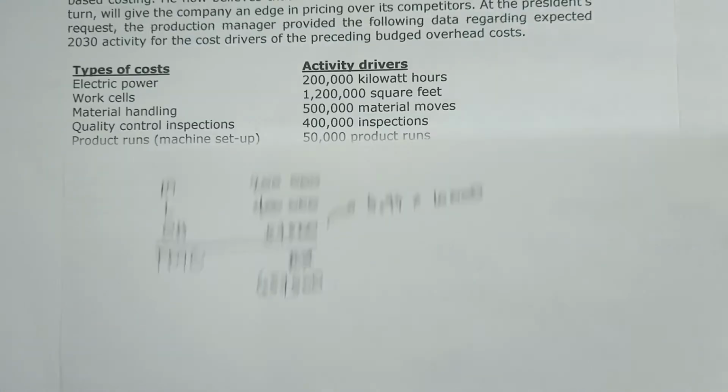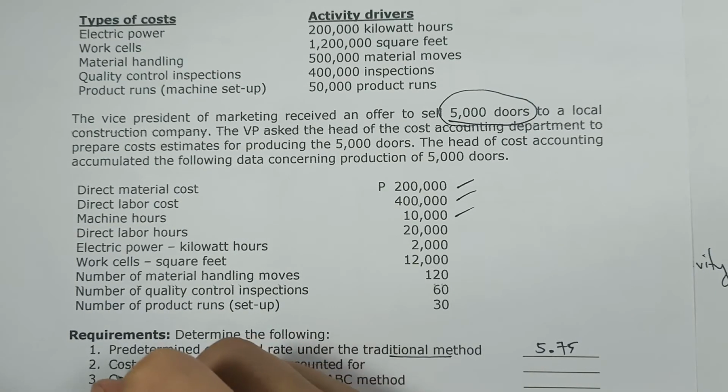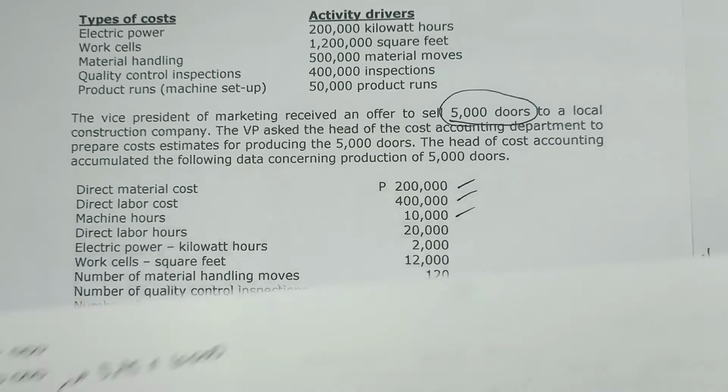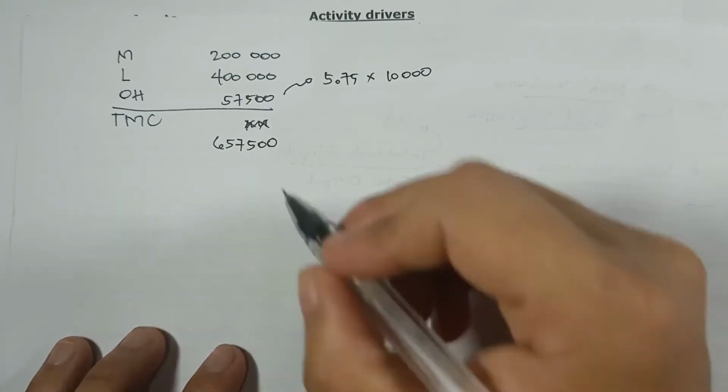Kaso anong tinatanong ng question number 2? Cost per door. Ibig sabihin ng cost per door, cost per unit. So itong 657,500, yan yung gagastusin natin to produce 5,000 doors.